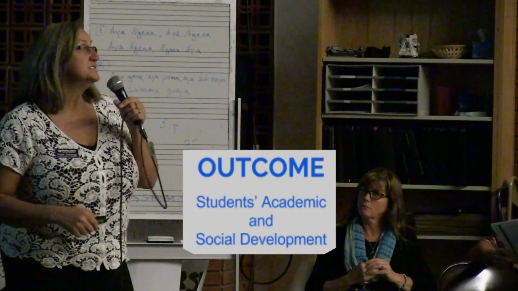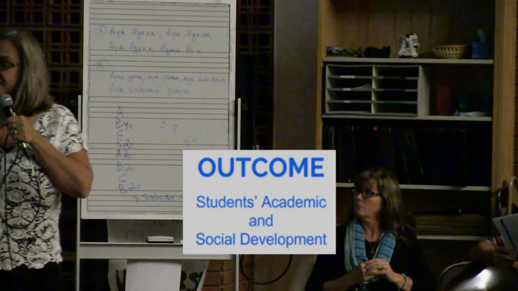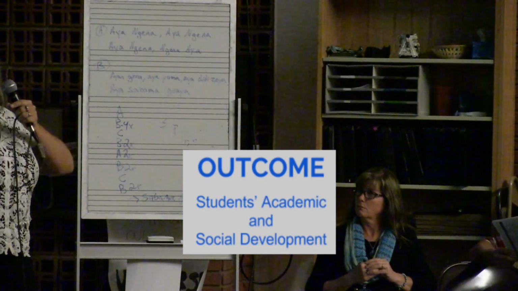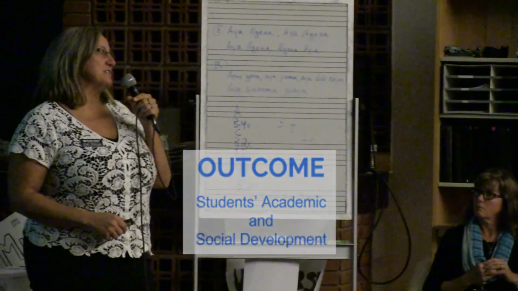Having our mixed level language arts classes allows for us to have all learners together sharing their knowledge and experiences. And our goal is academic success and success as a human being in social development.